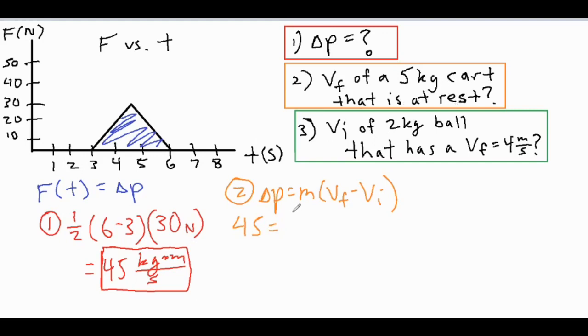So it's initially at rest, and it has some final velocity later. This is some simple algebra. We can just divide both sides by 5, and then we're basically done because the minus 0 isn't very significant. So we have 9 meters per second for our final velocity.